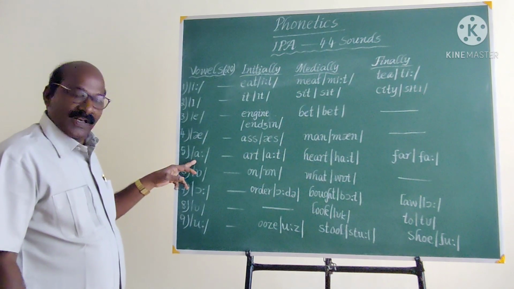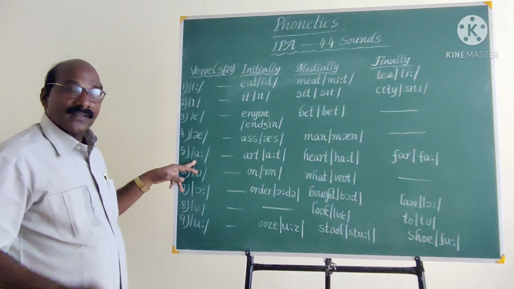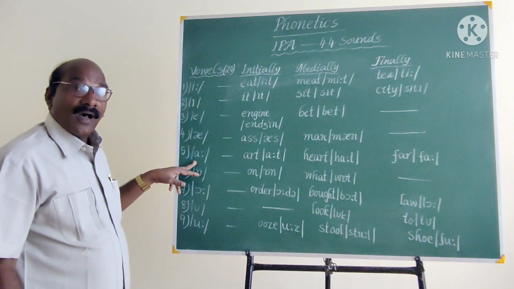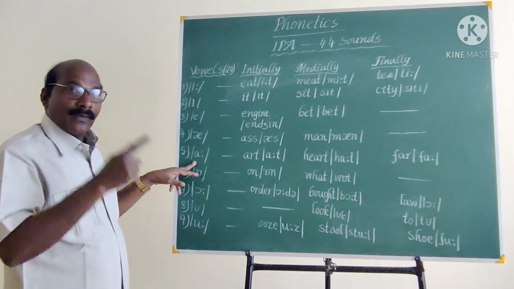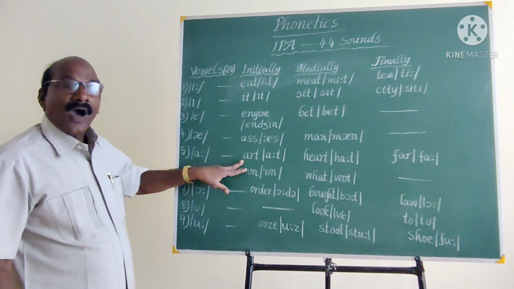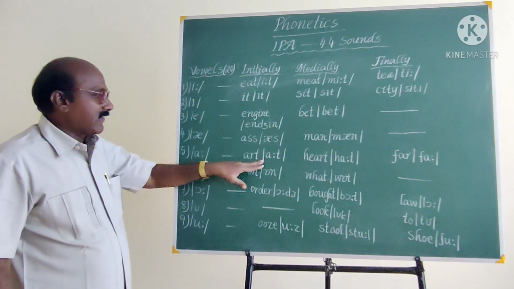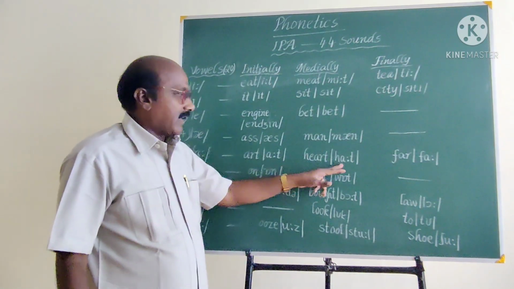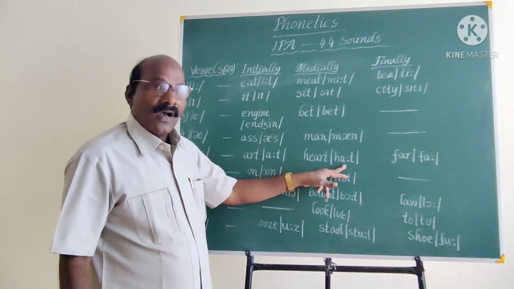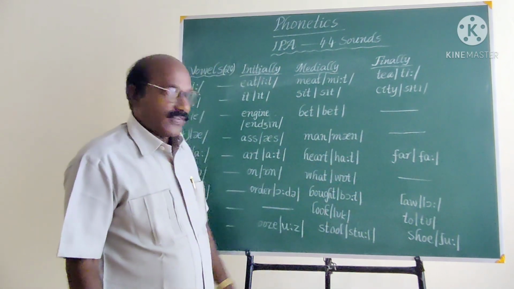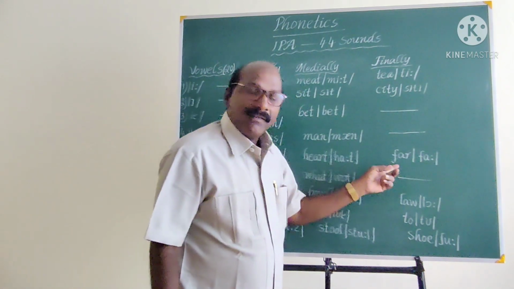Next one, this one is pronounced as ah, long ah, with the wide open mouth we pronounce ah, as in art. Initially it is sounded as art, and medially it is sounded as heart, and finally it occurs as in far.